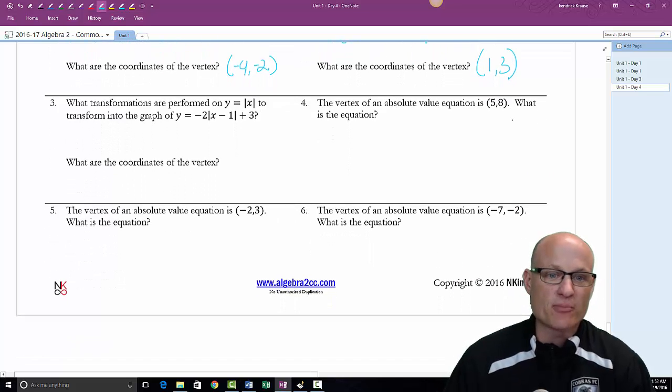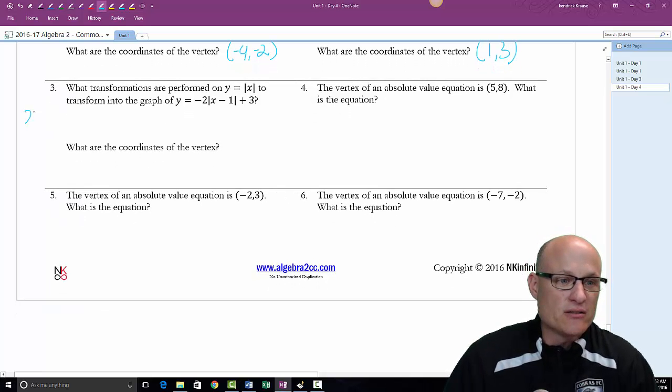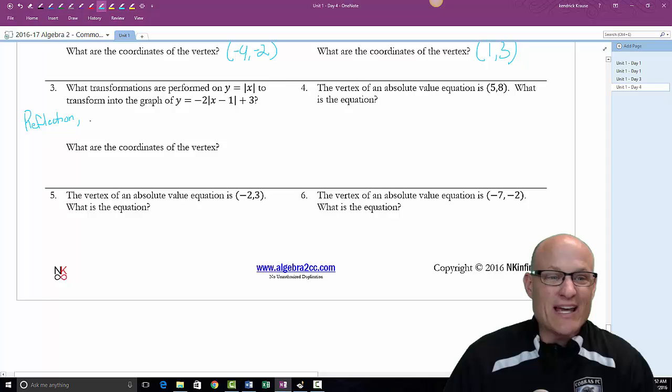What transformations are performed on this? All right, so we have a reflection. We have a dilation of 2. We're going to move it right 1 and up 3.